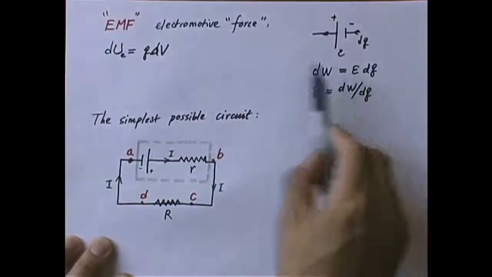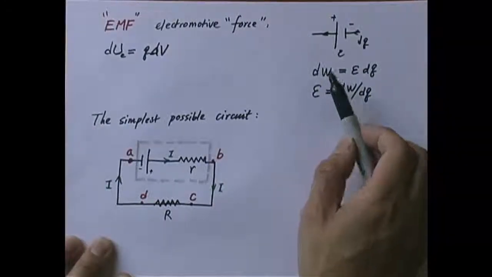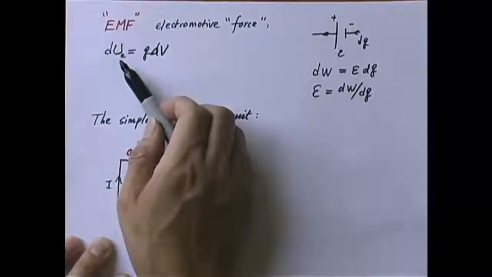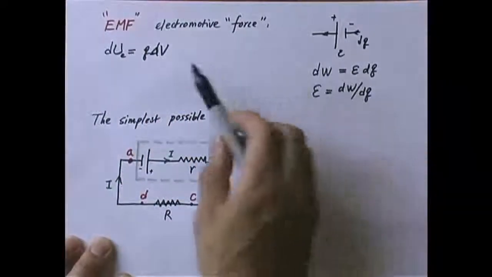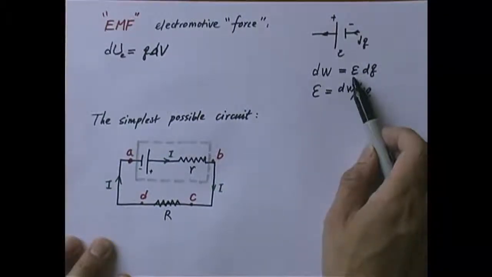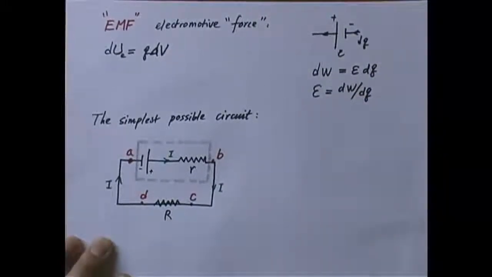If you compare these two, you notice that the work done by the battery becomes the increase in the electrical potential energy of the charge, right? Then what you have here, dV, and what you have there, epsilon, actually correspond to each other. What does that mean? It means epsilon really is just a potential difference between this terminal and that terminal.